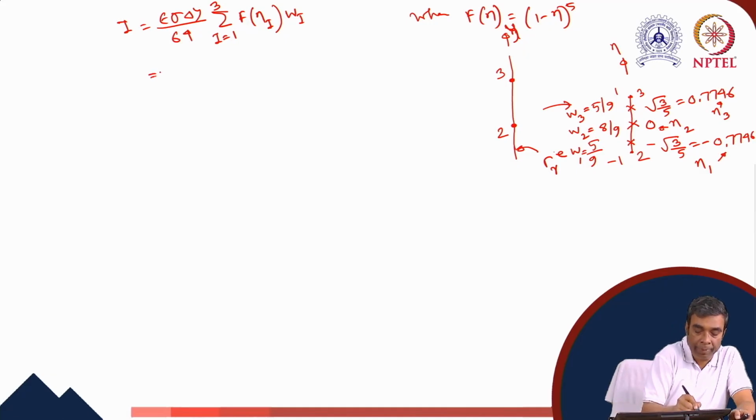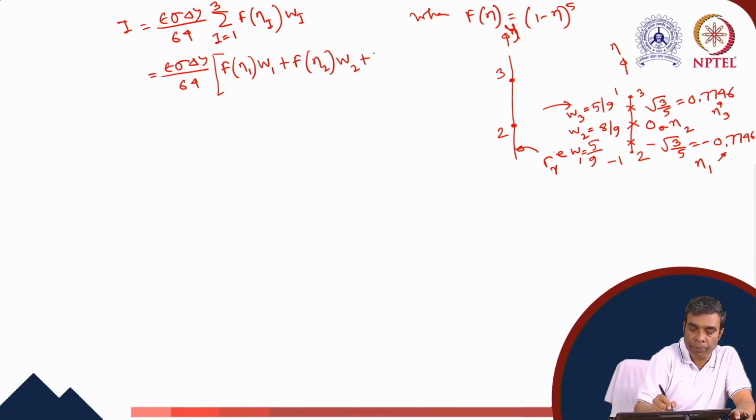So this can be written as epsilon sigma delta y by 64 into f of eta 1 w1 plus f of eta 2 w2 plus f of eta 3 w3.